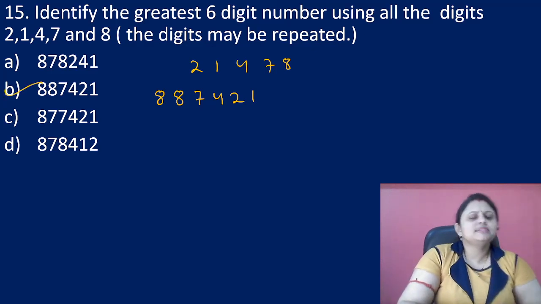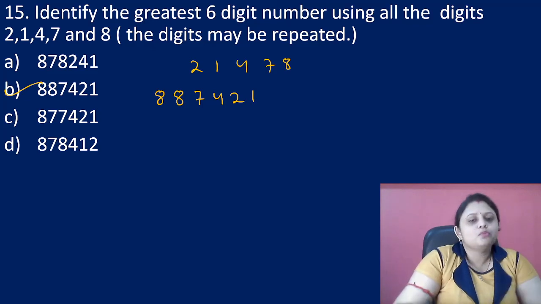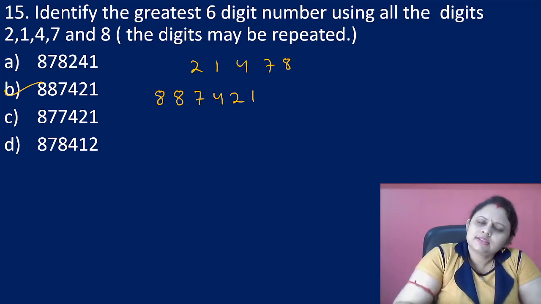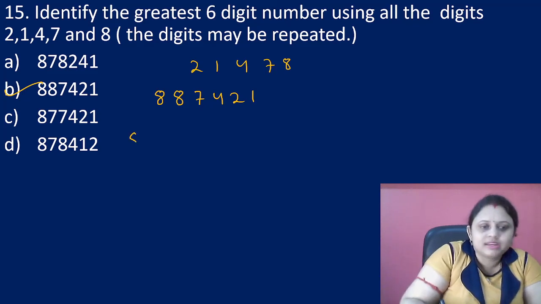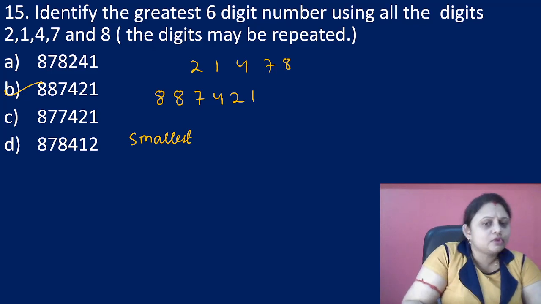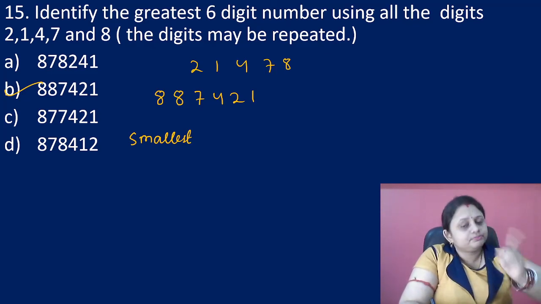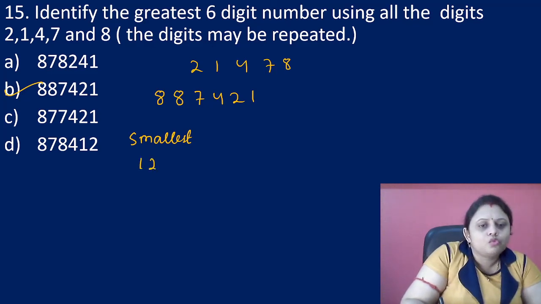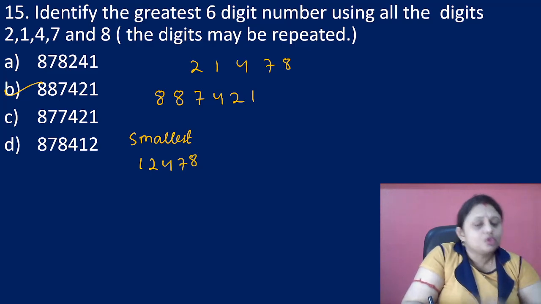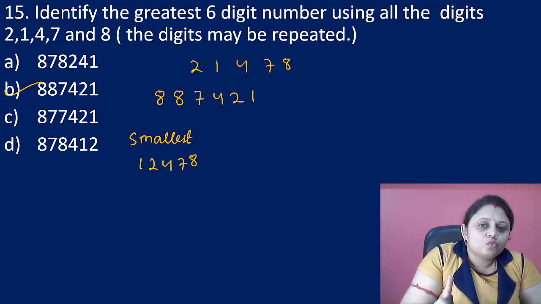So students, I need to tell you something more here. If it is the same question, but we have to write the smallest number, it is not asked, but I am telling you. What will we do? We will arrange the digits in ascending order. That will be 1, 2, 4, 7, 8. Now it is a 5-digit number. We have to convert it into a 6-digit number. We can repeat one digit.